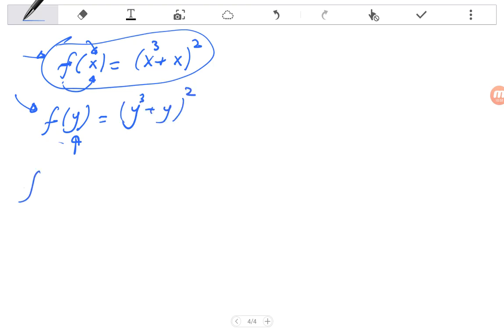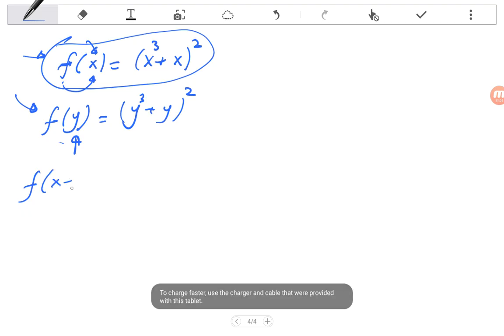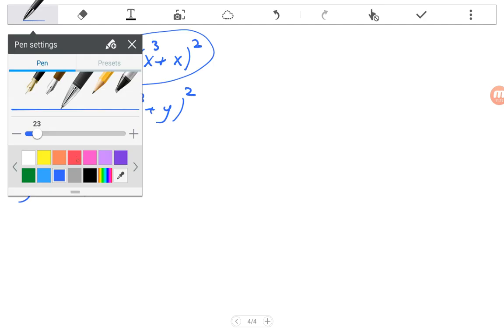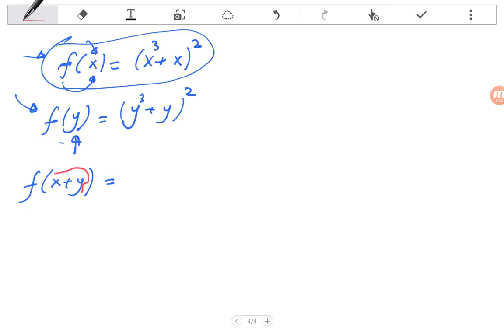What if I want to determine f of x plus y? It will operate in the same way. I just treat that input as a block like this, and I operate f on that input in the same way I have operated on any input.